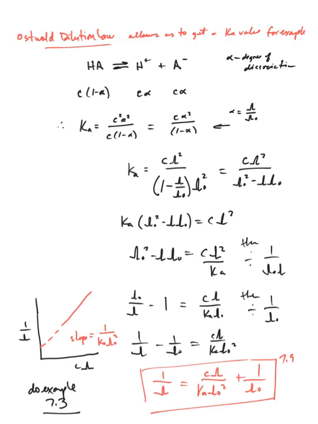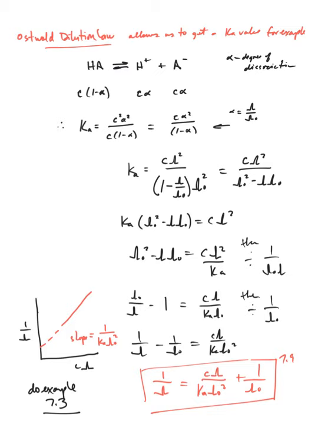So you can get this Ka value by doing a plot of different concentrations. I'm sure you remember from General Chem, depending on what the concentration is, there's going to be a different percent dissociation. So here's the derivation that Ostwald did.